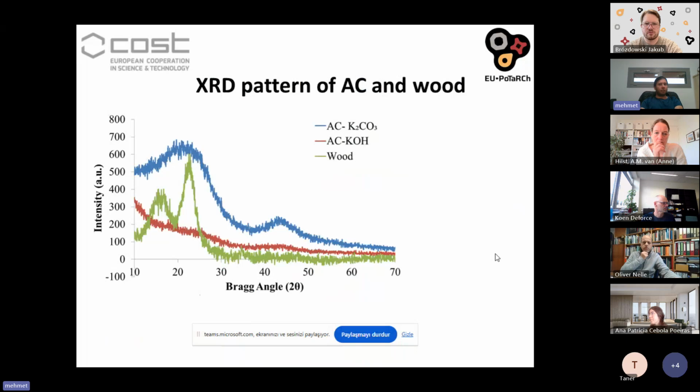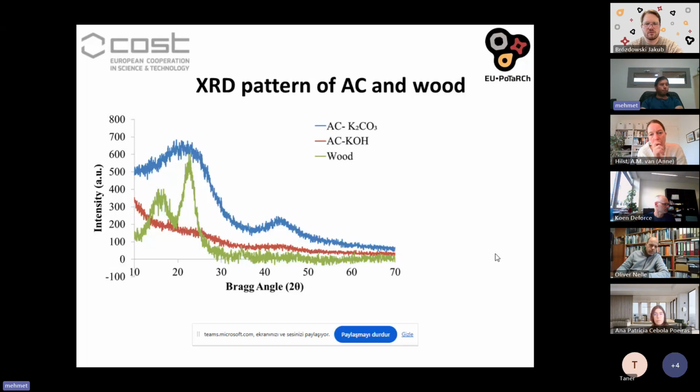And we are looking at the XRD pattern of activated carbon and wood. Firstly, the green pattern is wood. The distinct peaks at approximately 16 and 22 degrees are observed from the crystalline region of cellulose. This pattern indicates the lignocellulosic structure of the wood.